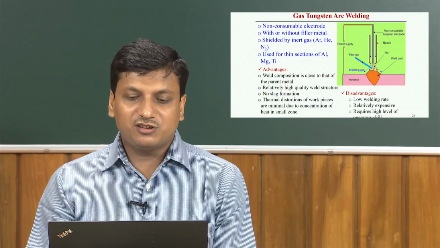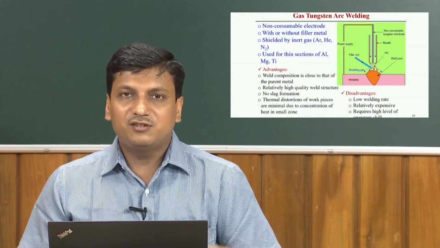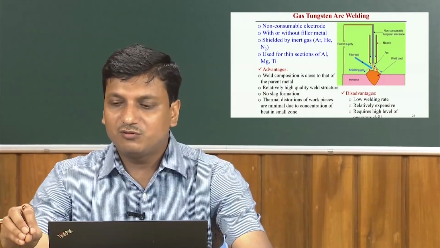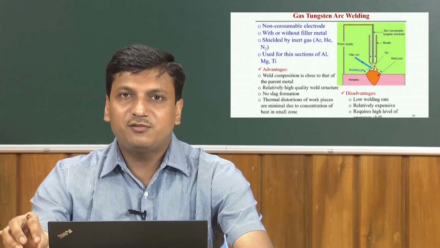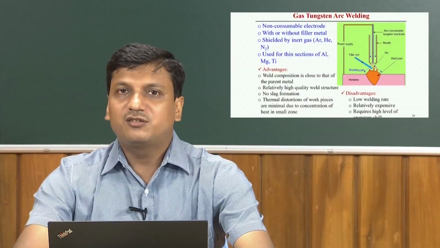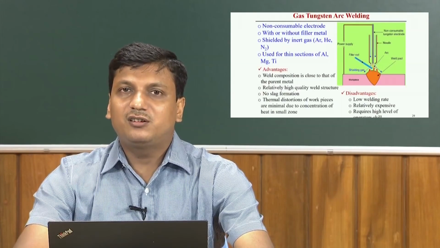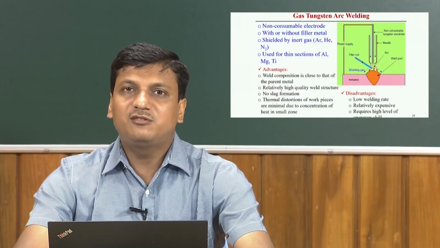Thermal distortion of the workpiece can be minimized, because the heat can be concentrated in a very small zone as compared to consumable electrode processes like gas metal arc welding or shielded metal arc welding.